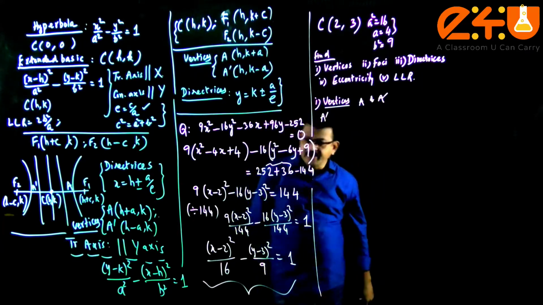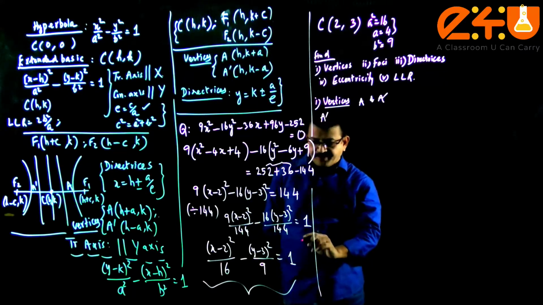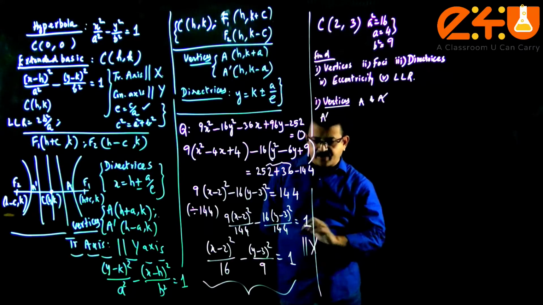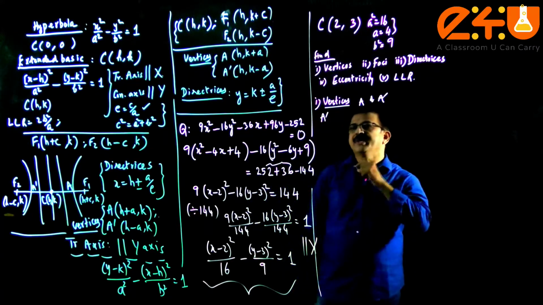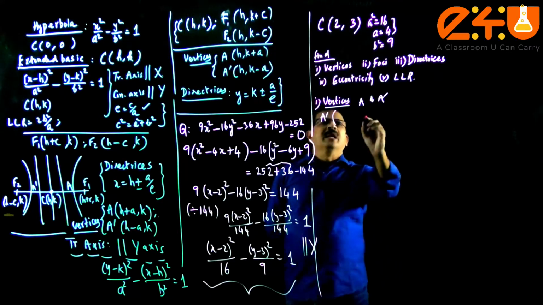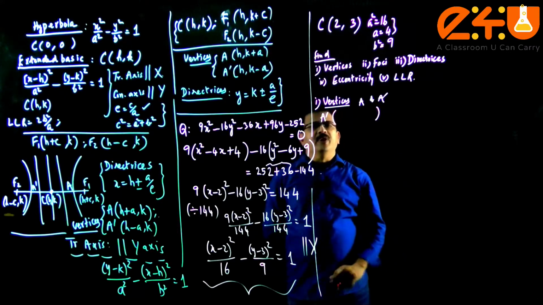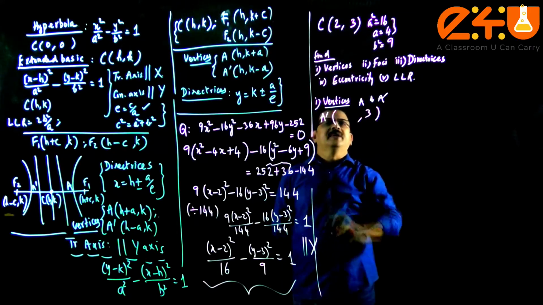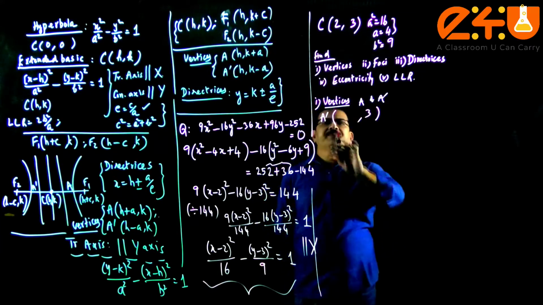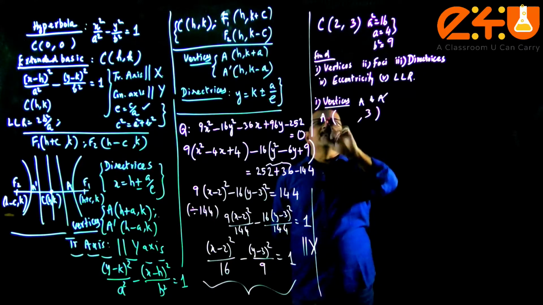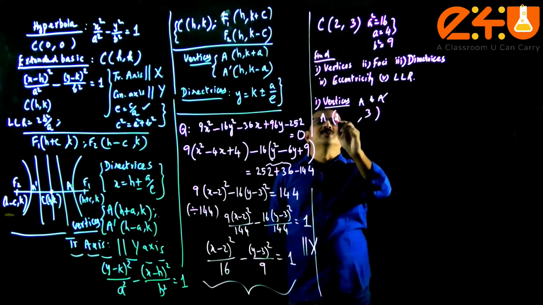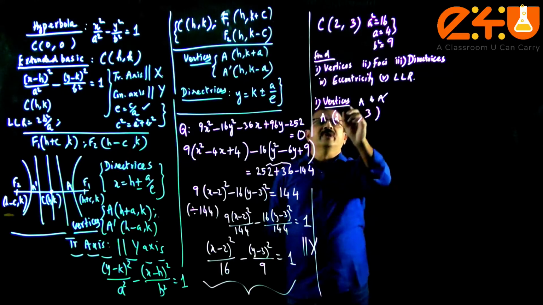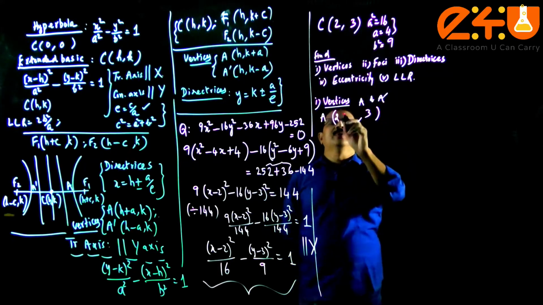Orientation, we have confirmed that the transverse axis is parallel to x only. Okay, so the vertices will be, the y coordinate will not be changed. Take the center's y coordinate 3, it is not changed. So first let us calculate. H is 2 and for vertices, A units you have to add.